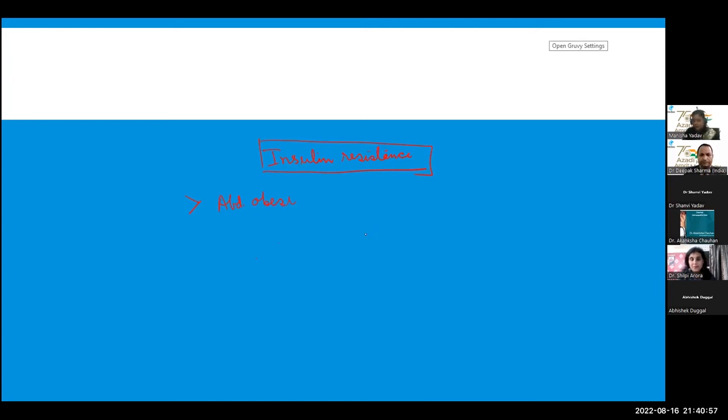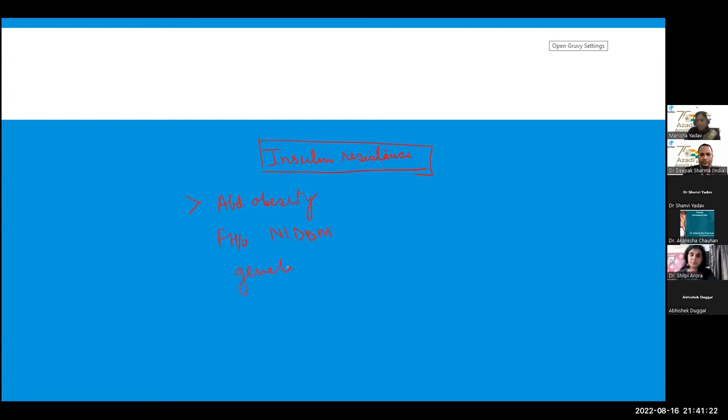Okay. Now, why is this insulin resistance going on? It still has many reasons behind it, not a single factor. Increased abdominal obesity will lead to the resistance. If there is a family history of type 2 diabetes mellitus, that is non-insulin dependent diabetes mellitus.